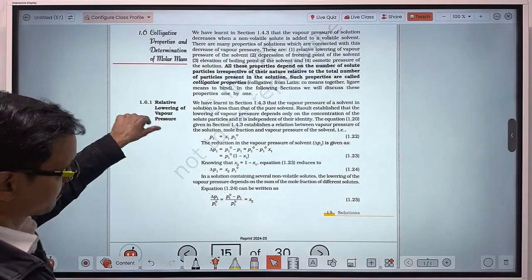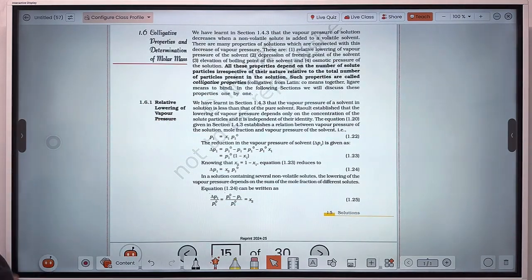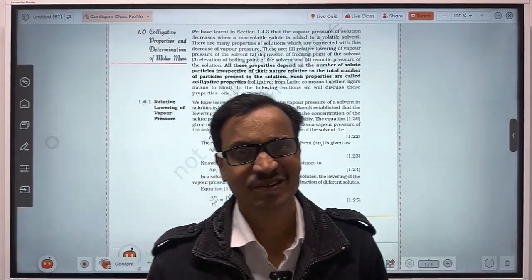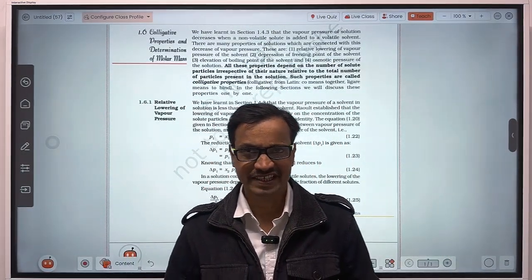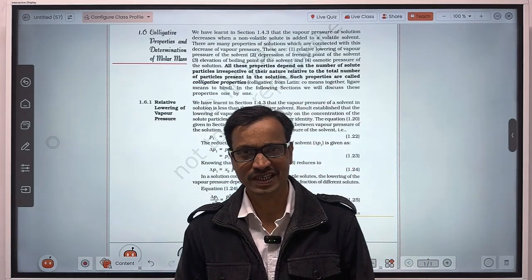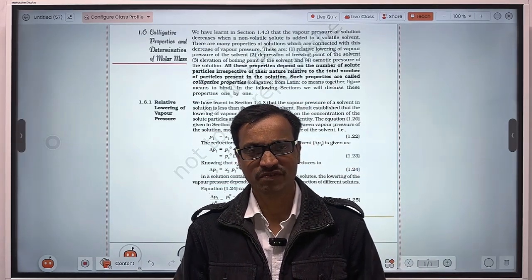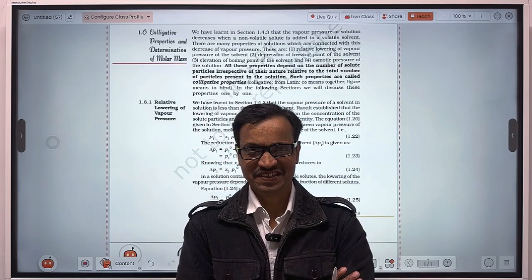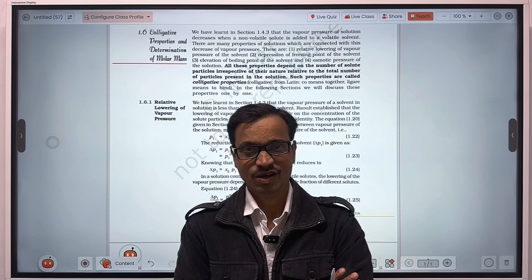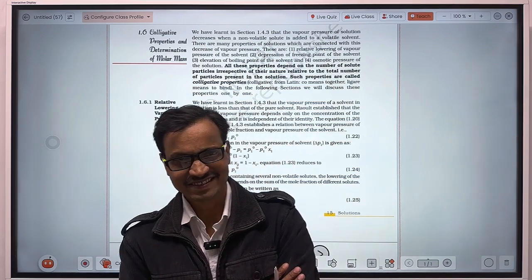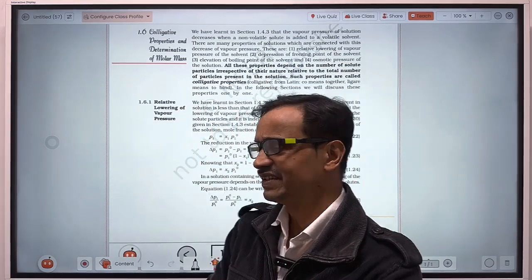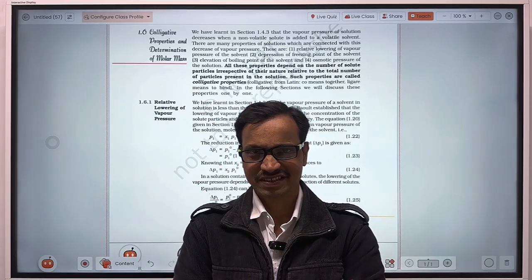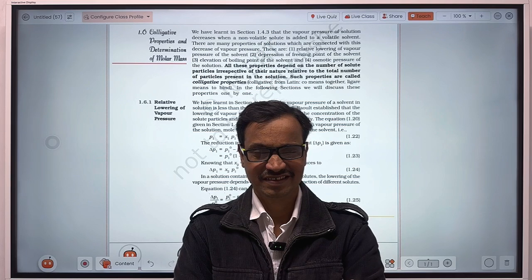Relative lowering of vapor pressure, number one. In addition to that, elevation in boiling point, depression in freezing point, and osmosis. Colligative properties are of four types: relative lowering of vapor pressure, elevation in boiling point, depression in freezing point, and osmosis.